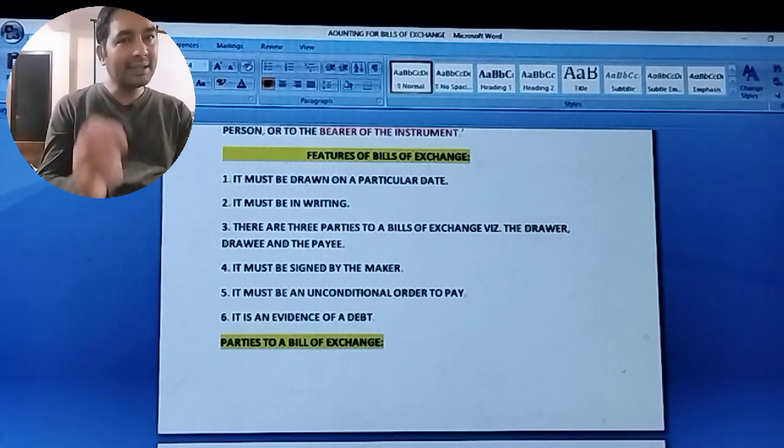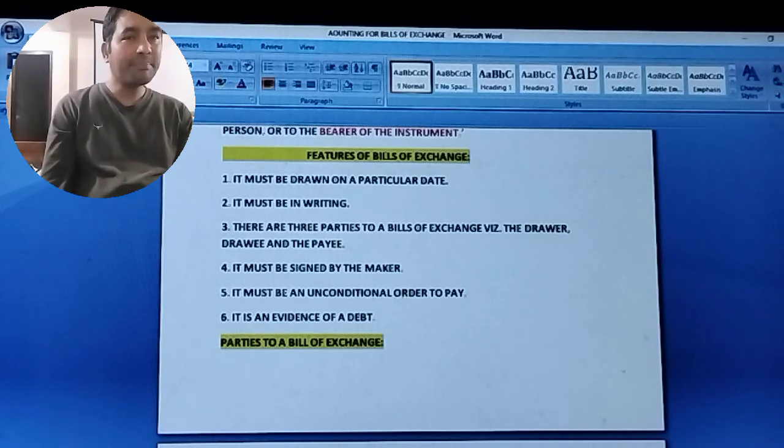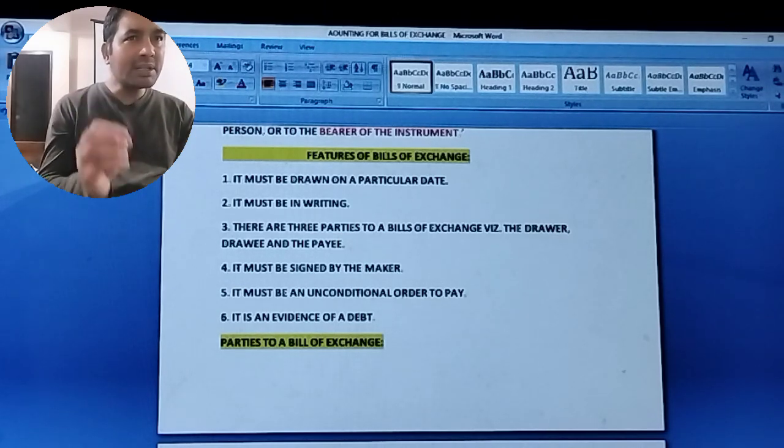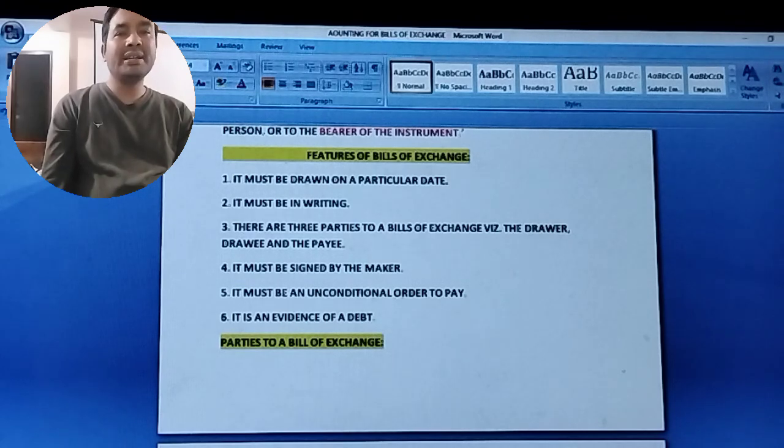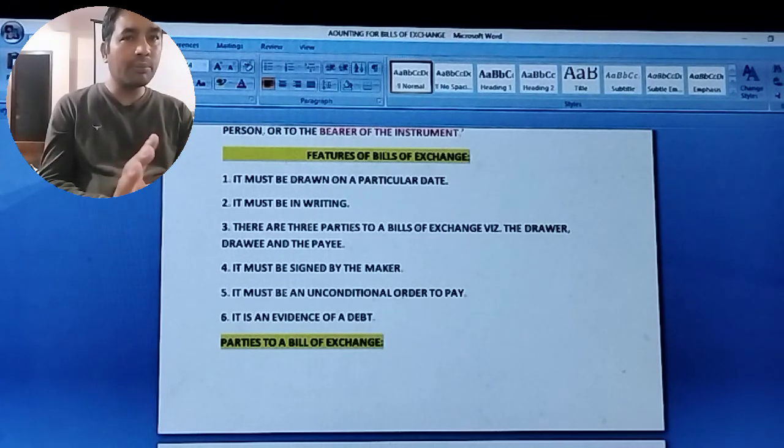That is, it must specify the date on which the bills of exchange is drawn by the seller. It must be in writing. It is definitely an agreement between the buyer and the seller. That agreement cannot be oral or verbal, so it must be in writing.